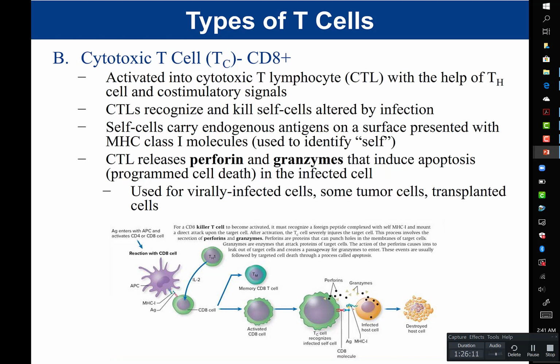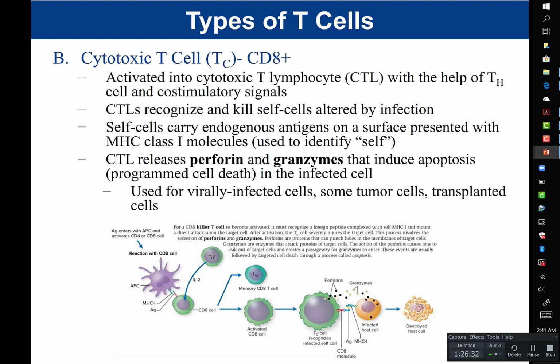And so again, this infected host cell is going to display its antigen on MHC1. And this cytotoxic T lymphocyte, the CTL, is going to recognize the antigen because it has its T cell receptor.